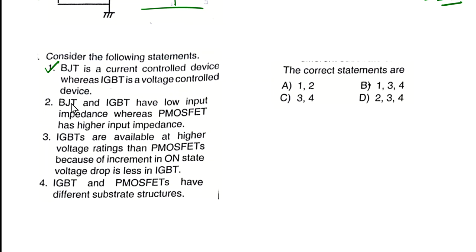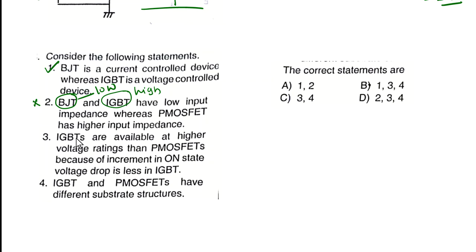Next one, the BJT and IGBT have low input impedance, whereas power MOSFET has higher input impedance. So see here, the BJT will have low input impedance, and IGBT will have high input impedance. So second statement is a wrong statement.